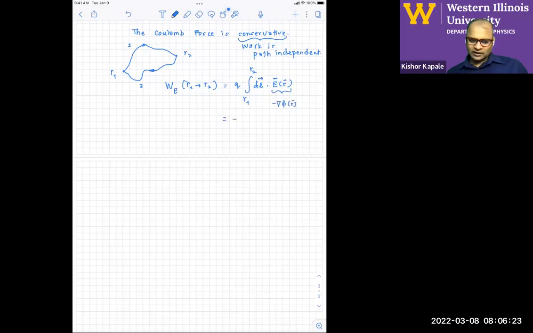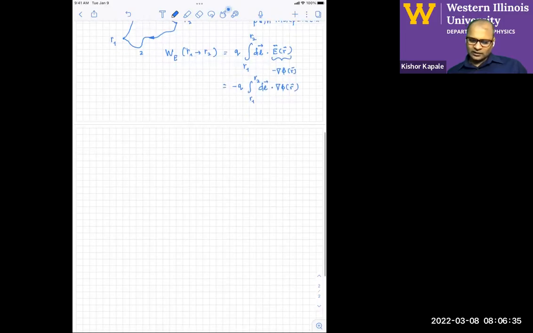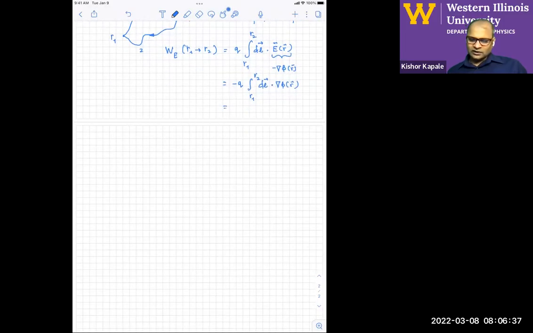And so when we do that, you get negative Q, integral from R1 to R2 of dl dotted with gradient of phi. And whenever you are taking a dot product of a certain vector element with the gradient, it just gives you the derivative of that along that direction. And so if you integrate the derivative, all that you are going to get is the quantity back. So this becomes phi of R2 minus phi of R1.